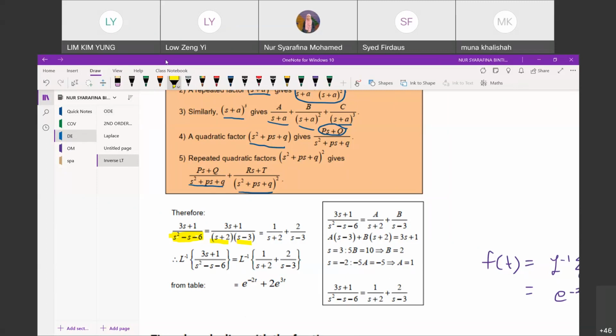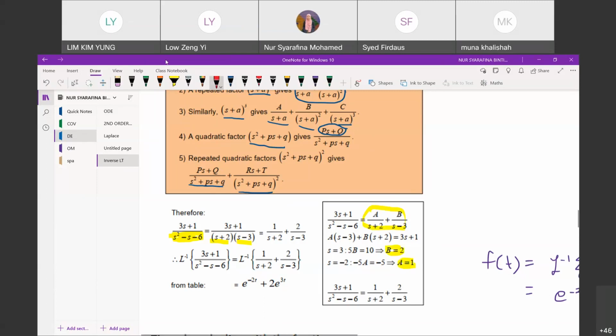So you can decompose to the partial fraction of A over s plus 2 plus B over s minus 3. From here, you can solve this A and B by comparing left-hand side and right-hand side and find the value of A and B.